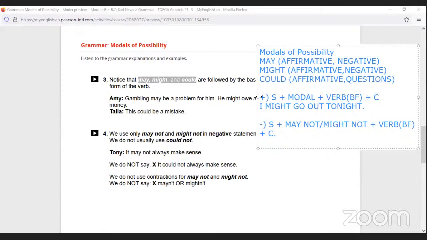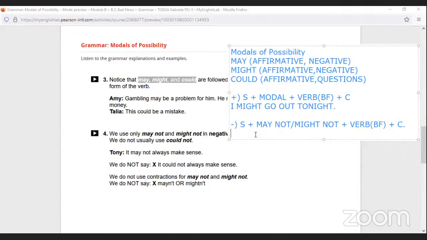Okay, so for example, we can say they may not travel. They may not travel. Okay, we could put without us, for example. Okay, so it is not a possibility.